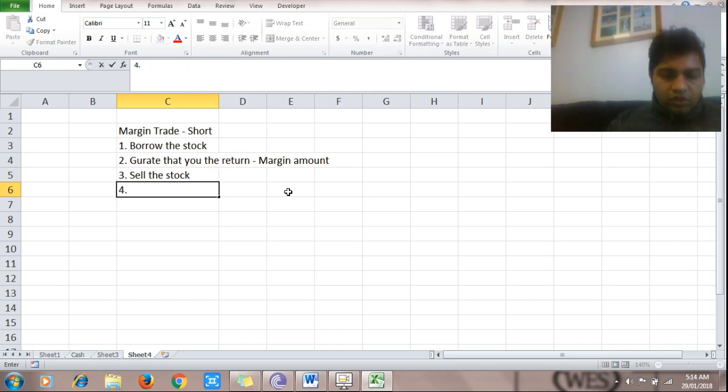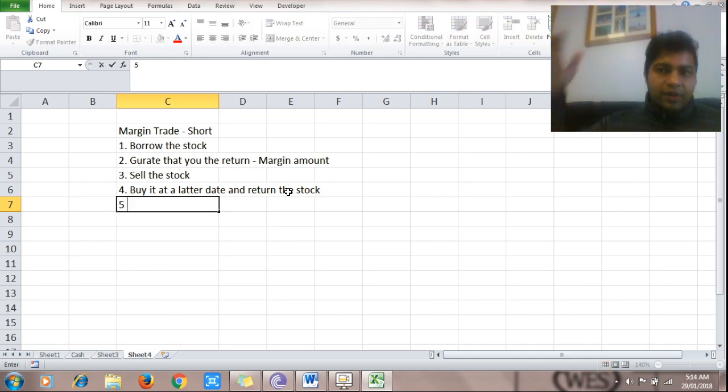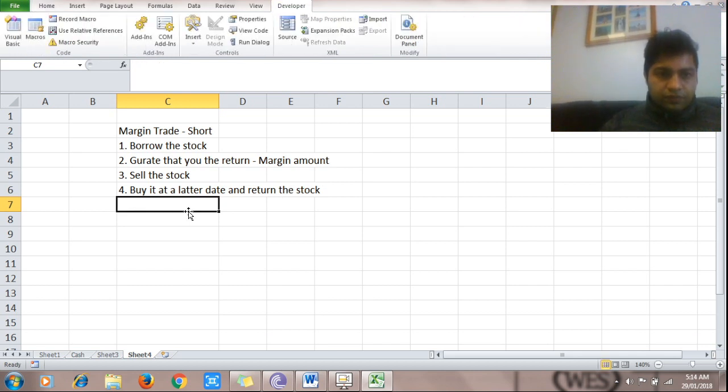Fourth, you buy it at a later date and return the stock. Fifth, depending on the difference between the price at which you sell and the price at which you buy, you have a profit or a loss. Profit and loss are adjusted from the margin amount by the concept called mark to market.